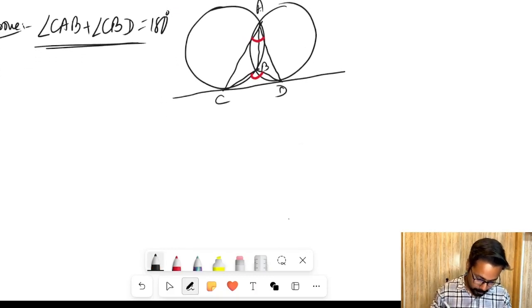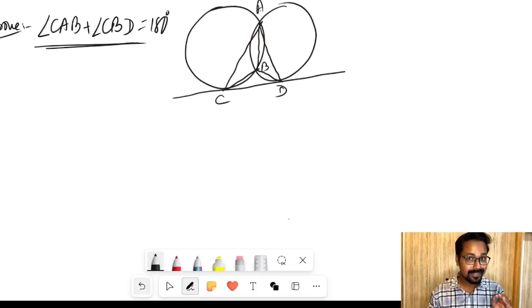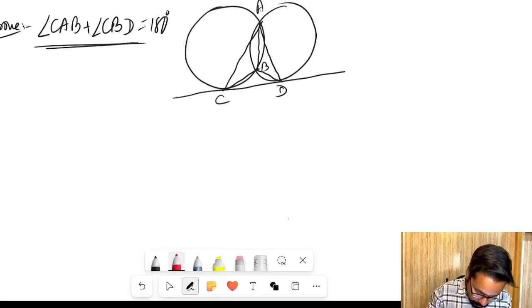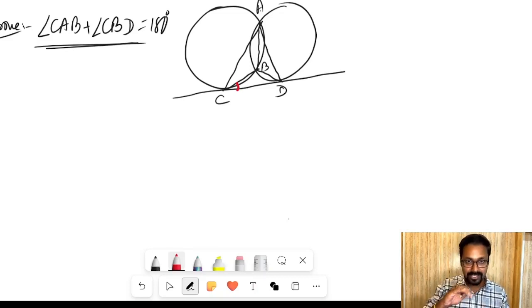First of all, what we need to focus on is the theorem. So what is the theorem? It is the alternate segment theorem. What it states is the angle formed by a tangent with a chord: angle BCD, this is the angle formed by the chord CB with the tangent, and this angle will be equal to the angle formed in the alternate segment, that is angle CAB.